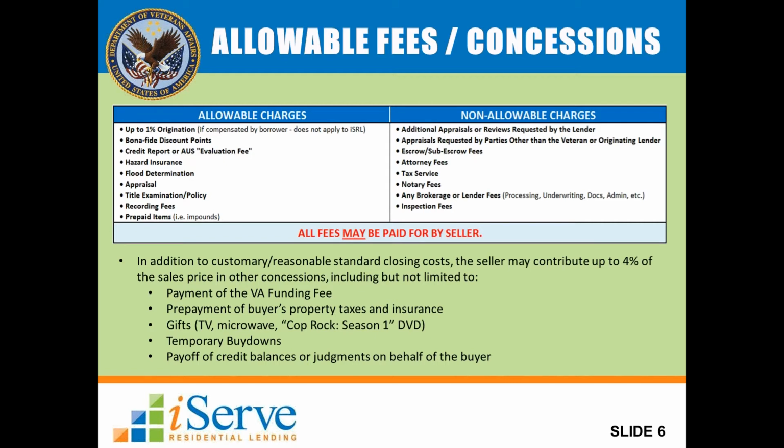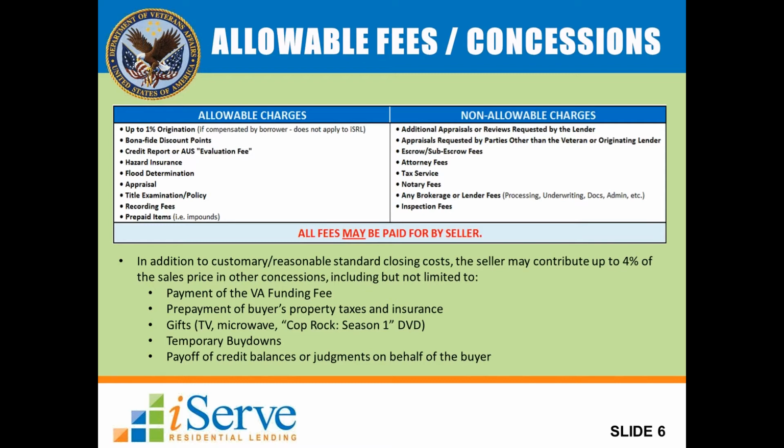And then in addition to just those standard, normal, run-of-the-mill, customary closing costs, the seller can contribute up to 4% of the sales price. So above and beyond standard closing costs. So that can include payment of the VA funding fee, so they don't have to roll it into the loan. Prepayment of taxes and insurance.